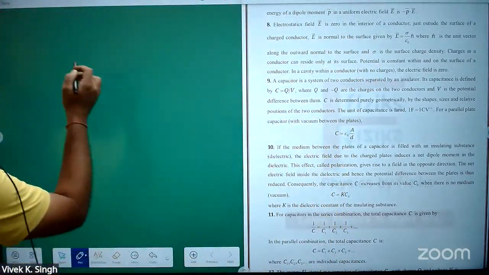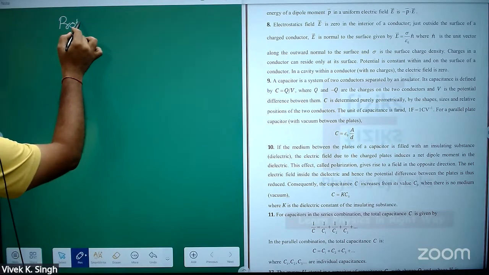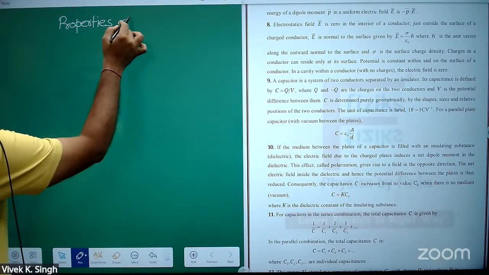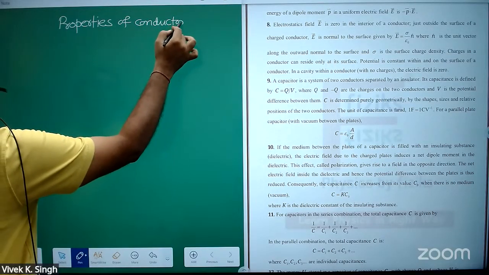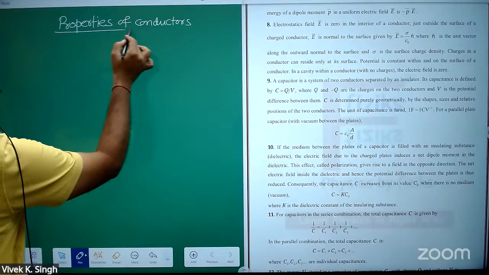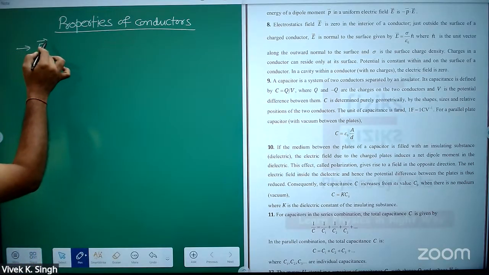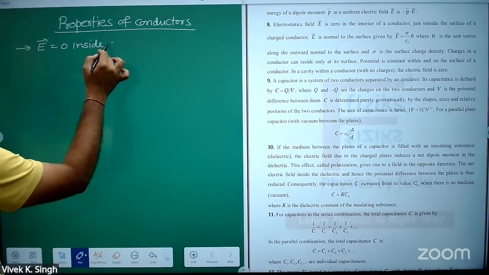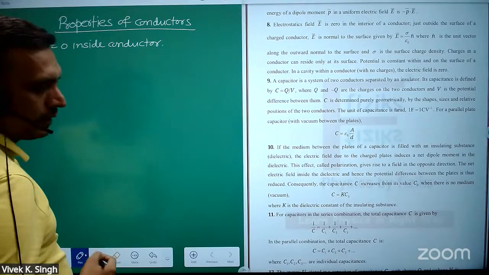So you know the properties of conductors. We have to take questions. What are the properties? E is 0 inside the conductor. Electric field is always 0 inside a conductor.